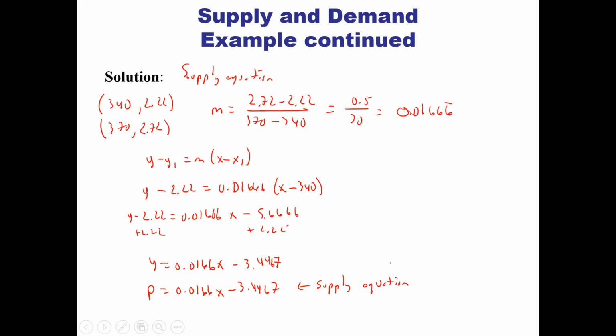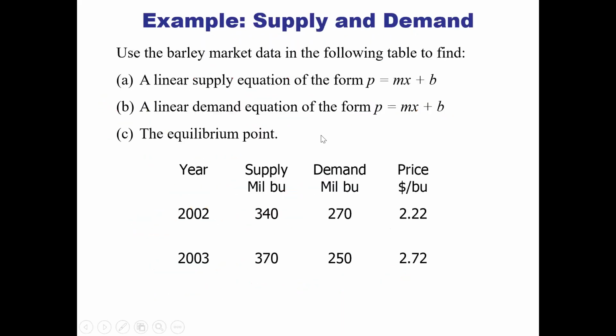All right, now we need another one, which was the demand equation. And so for the demand equation, we're going to use the other column. If we go back here, the other column is going to be this one. So we're going to have the 2 points, and it's going to be 270, comma 2.22, and the other one was 250 and 2.72.